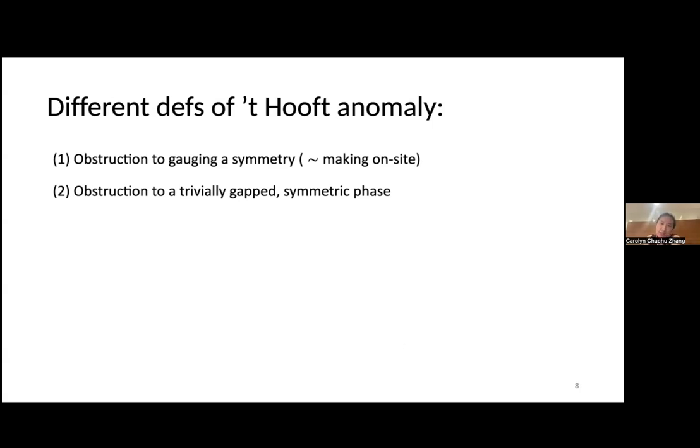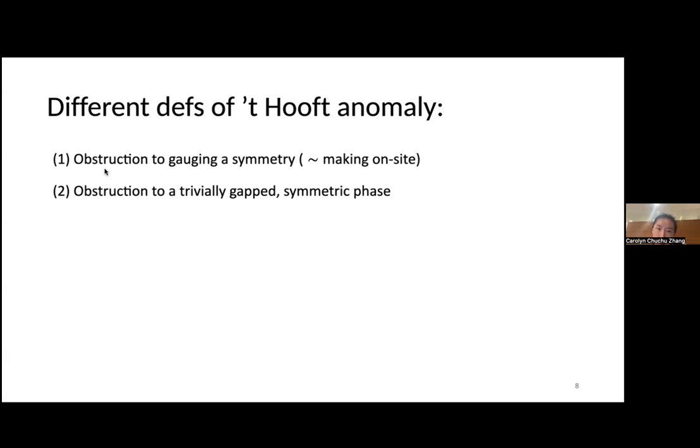So in different communities, their understanding of 't Hooft anomaly may be different. There are two main ways that people view 't Hooft anomalies. There are other ways as well, but one of the main ways is as an obstruction to gauging the symmetry. And what we'll see is actually for the symmetries that we're going to be considering in this talk, which are finite unitary symmetries, this is the same as making the symmetry on site, which I will define shortly.